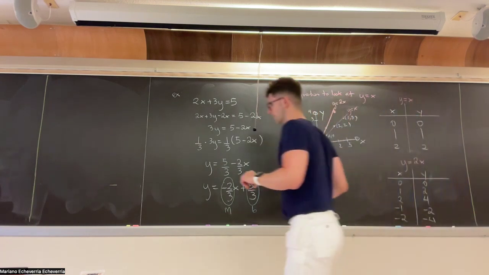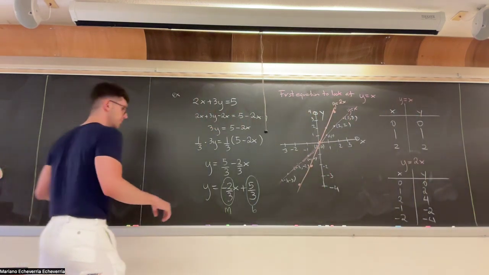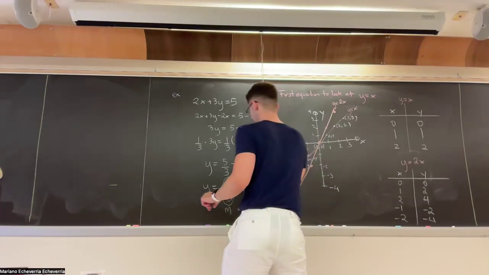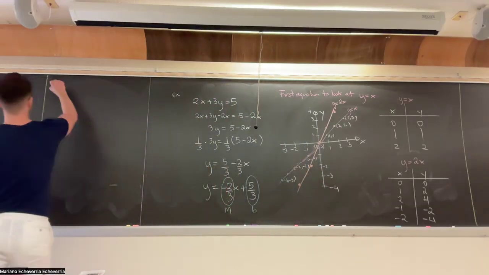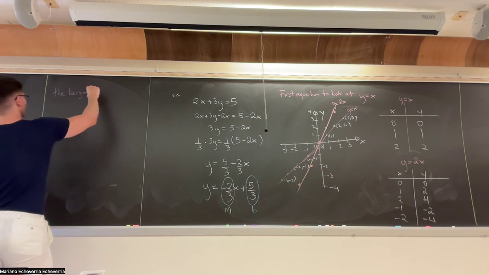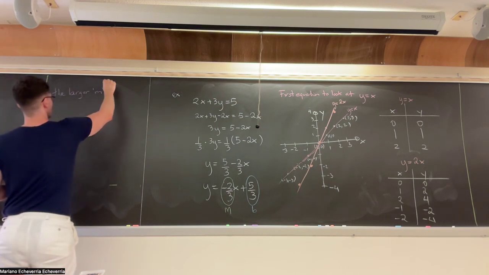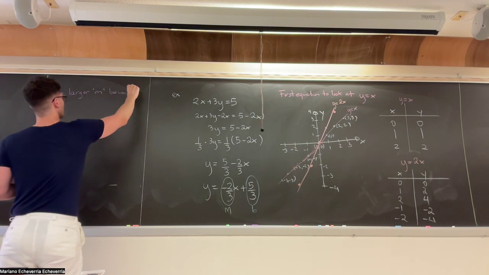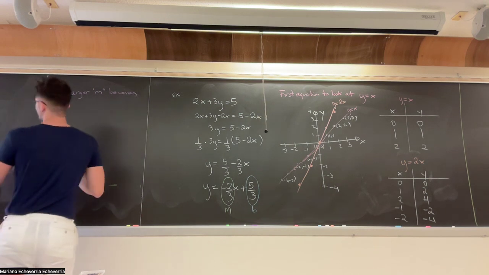So here's the important thing: the larger m becomes, the more vertical the line is.